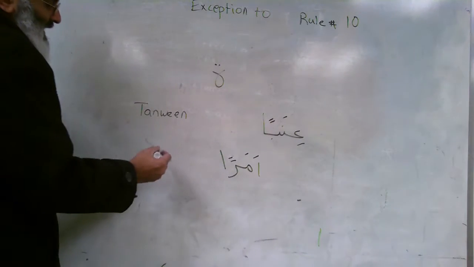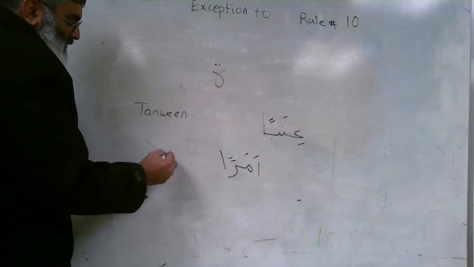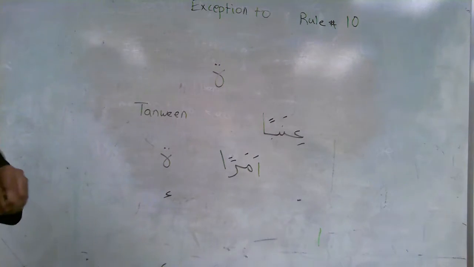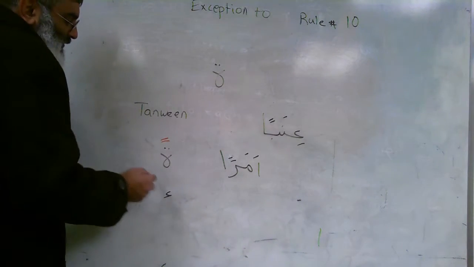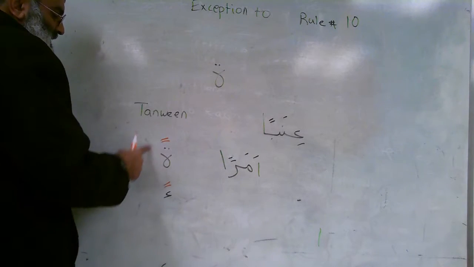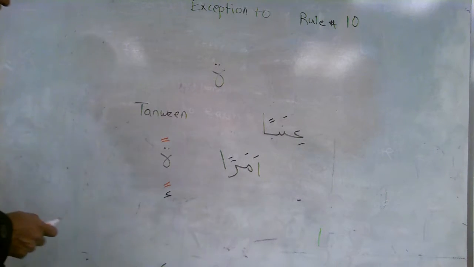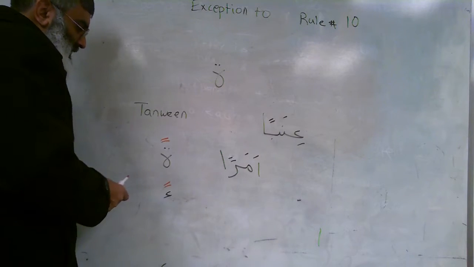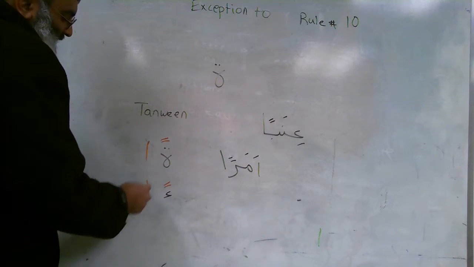However, if the last letter of a word is ta marbuta or hamza, you will put the two fatha on them, but you will pronounce them as tan and an, and you don't need the alif at the end.